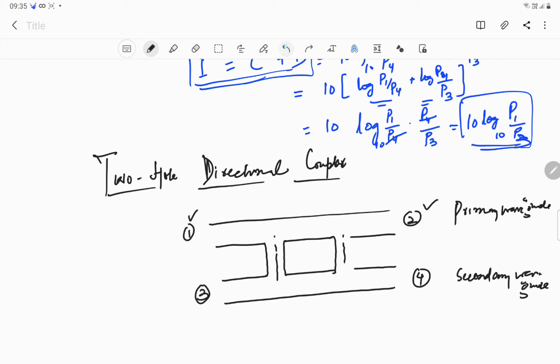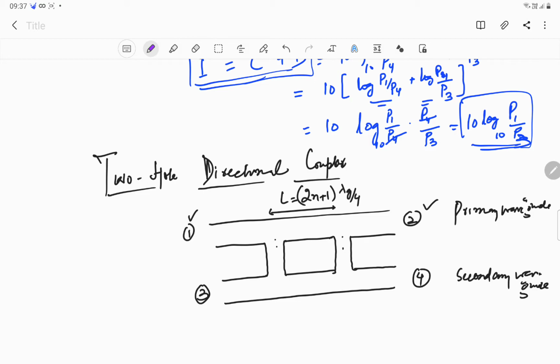We have two holes for a two-hole directional coupler. Now the spacing between the centers of these two holes, L, has to be an odd multiple of lambda g upon 4.